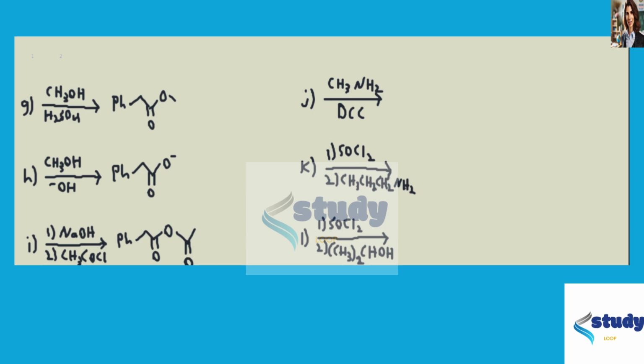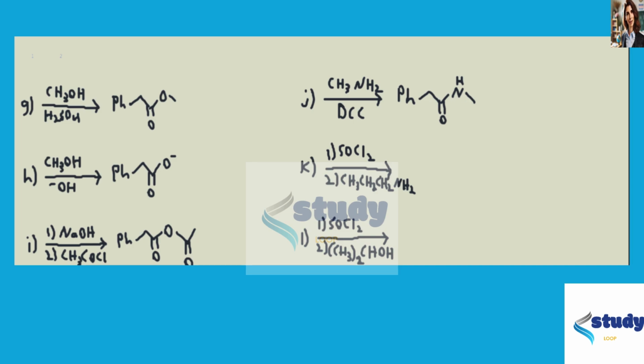So then for J, we're using methylamine and DCC. And remember, DCC is going to act as a dehydrating agent here. And so that is going to allow us to form the amide. And since we're using methylamine, our product is going to be the methyl amide.